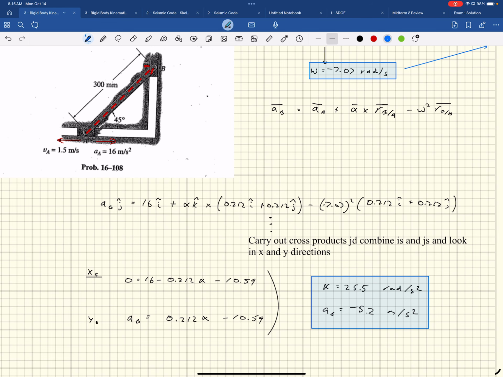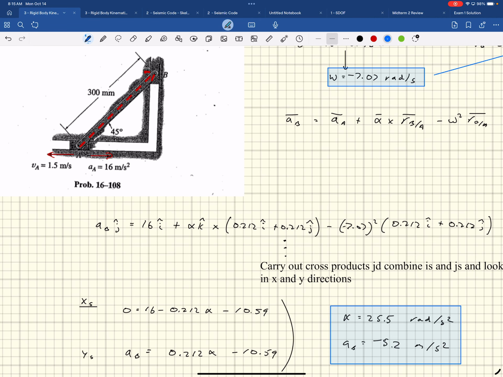Okay. I guess the thing to point out here is I don't think you can just look at this thing and say, I'm gonna freehand this, because you could kind of do it. You could look at this and say, if this thing has a velocity this way, then I know it's going to have an omega that way.